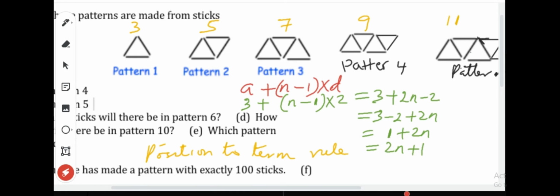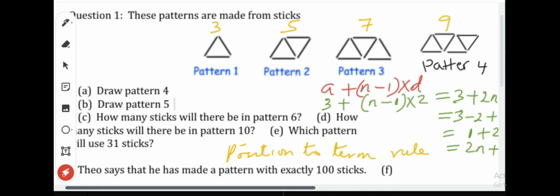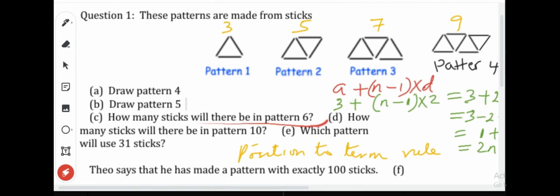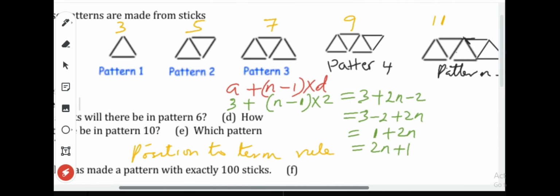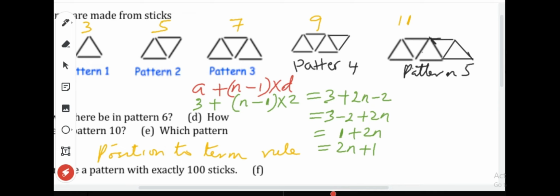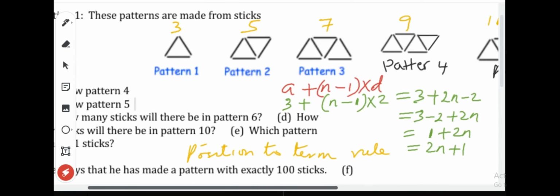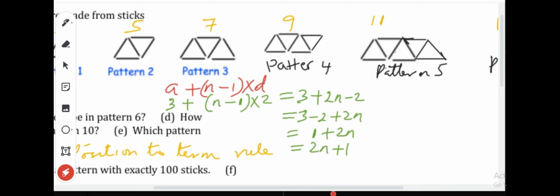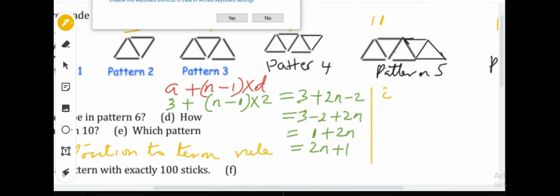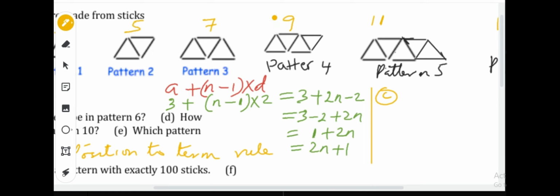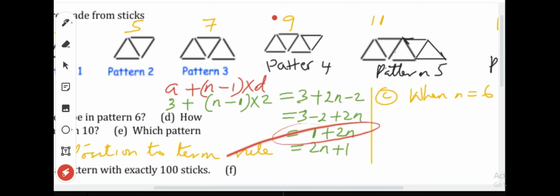For instance, it says how many sticks will be in pattern 6. That's question C. If you wanted to solve C in a different way, pattern 6 means when n is equal to 6, we substitute n into this equation.